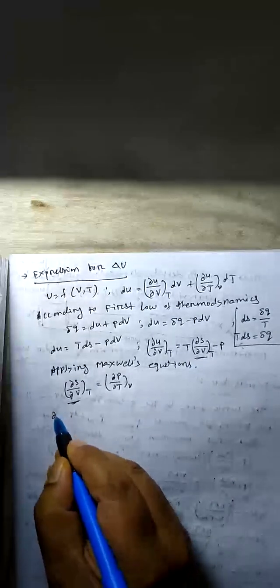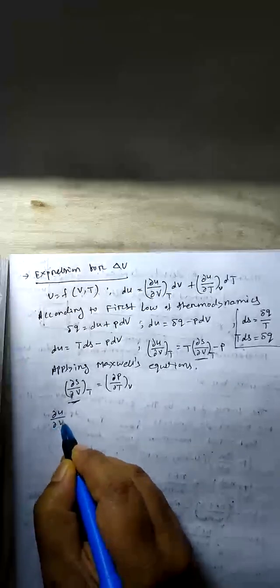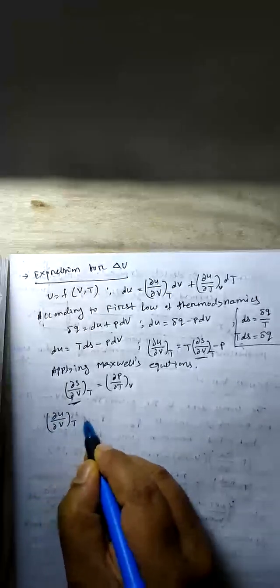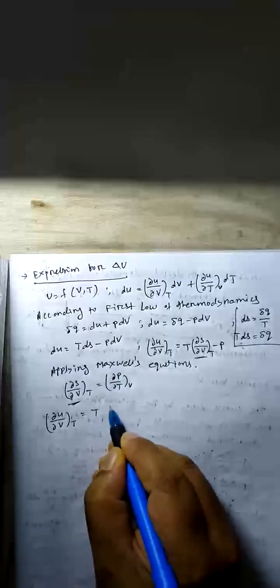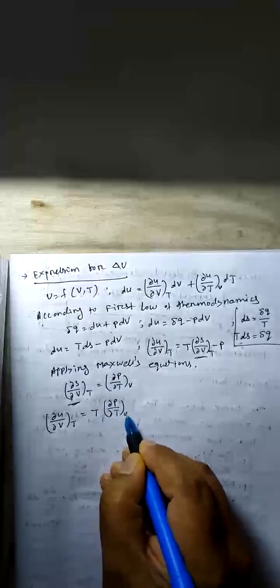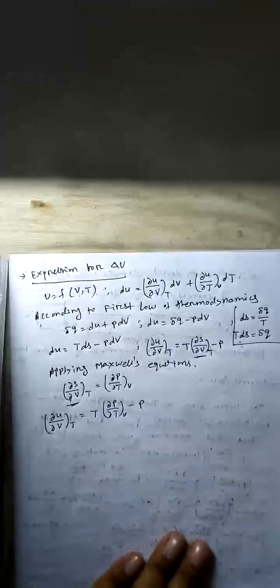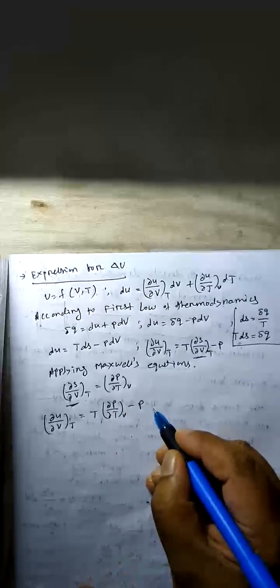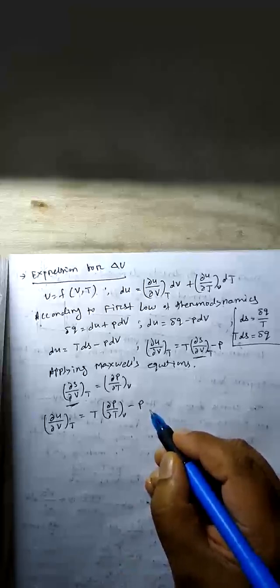Now the above equation, ∂U/∂V at constant temperature is equal to T ∂P/∂T at constant V minus P. This is the equation, and using this equation we have to move forward.